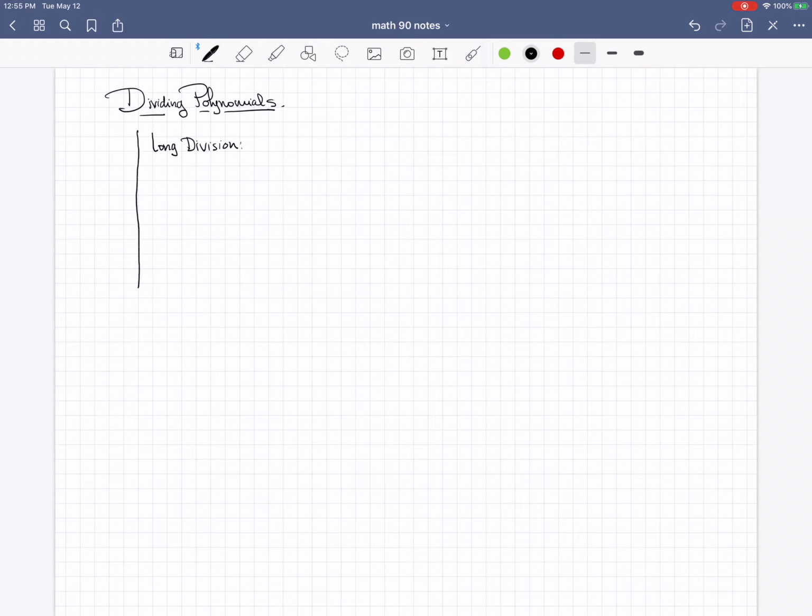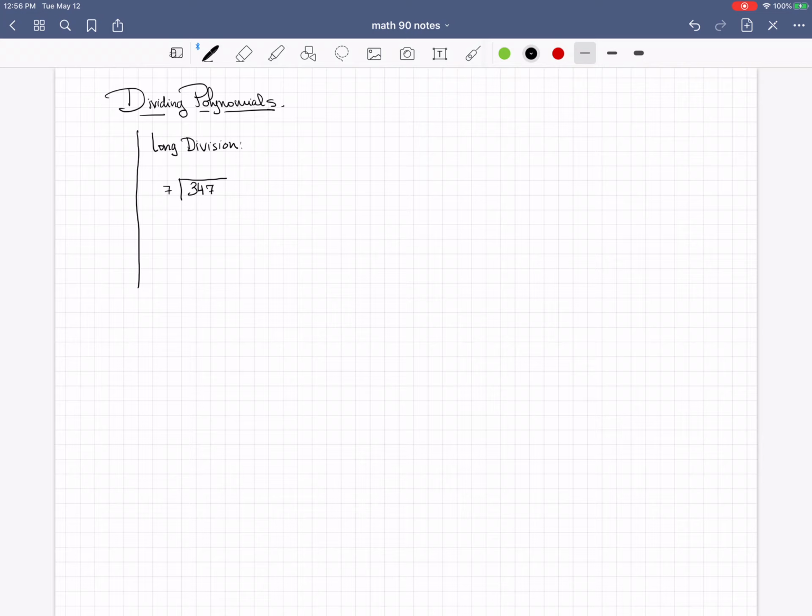So let's say that we were to divide 347 by 7. Okay, I'm making these numbers up. They're not significant. So how do we do this? Well, rather than dividing the whole number by 7, we look at the number in pieces. So for instance, we say, does 7 go into 3?